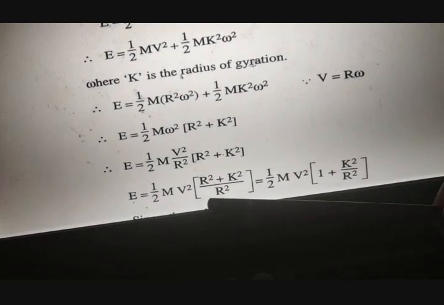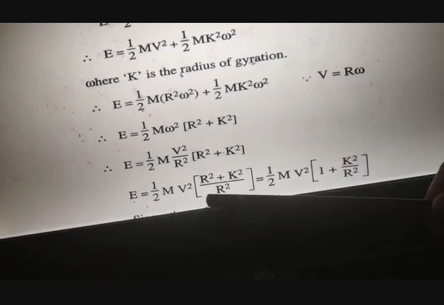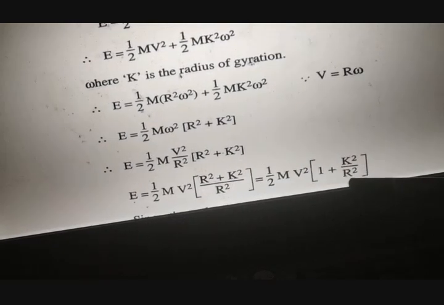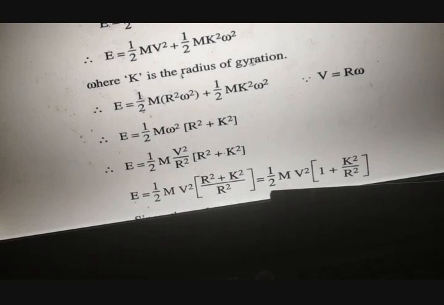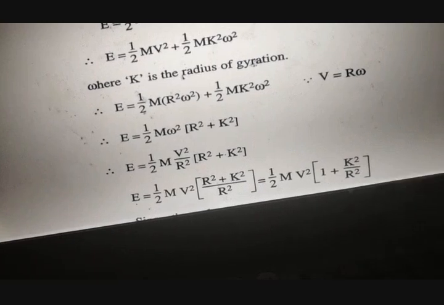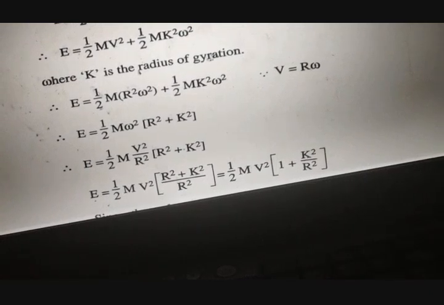Now divide this r square separately into both the terms, meaning r square upon r square, that is 1, plus k square upon r square. So this half mv square into bracket 1 plus k square upon r square is your total energy for a body which is in rolling motion.